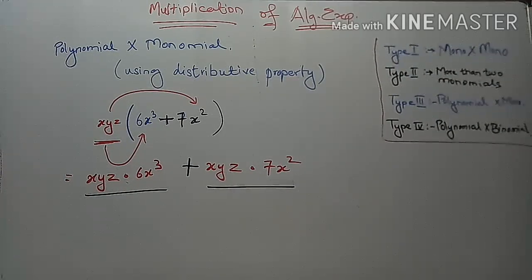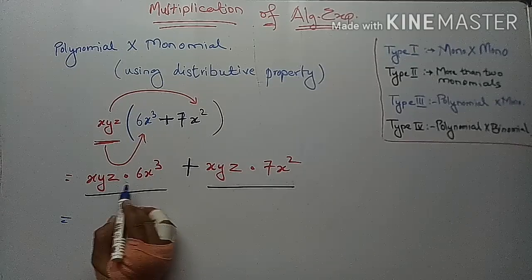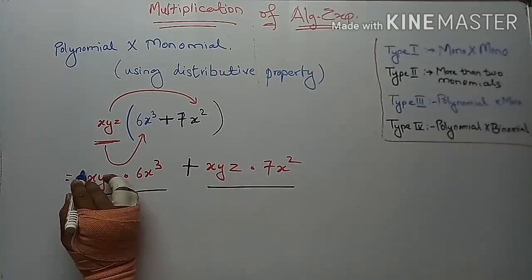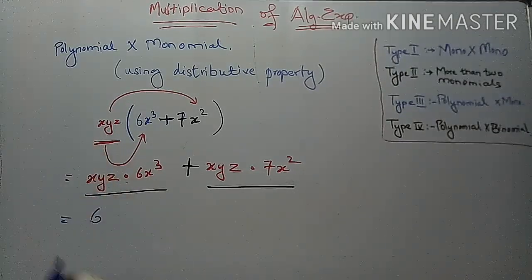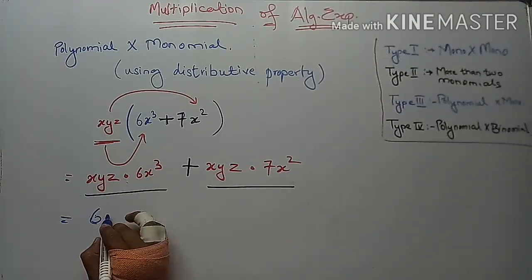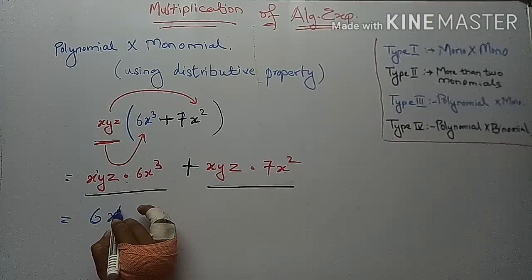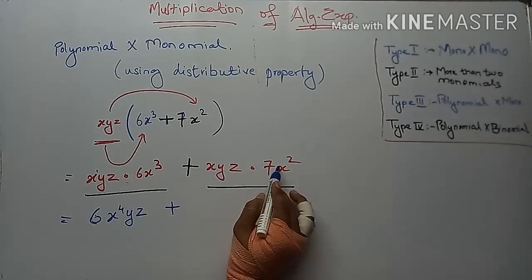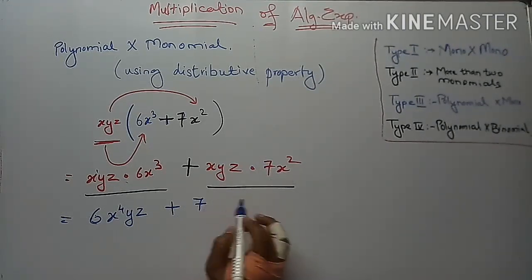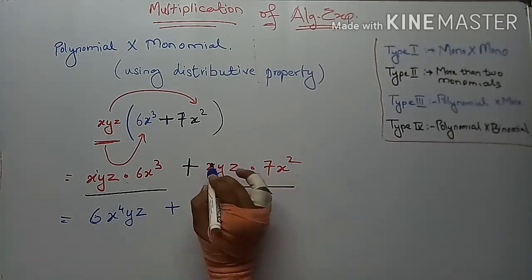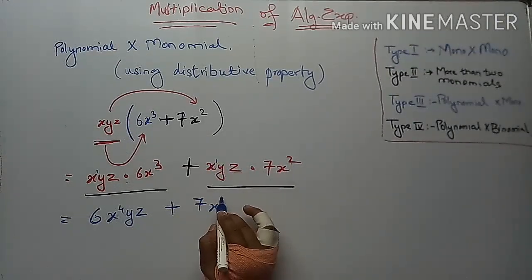What do we get from here? This gives me 6. There's no numeral coefficient other than 6, and over here it means 1. So 6x cube into xyz. So x cube into x raised to power 1 will give me x raised to 4 yz, plus no other literal coefficient, so we have a 7. x square into xyz, that is x raised to 2 into x raised to 1, will give me x raised to 2 plus 1.